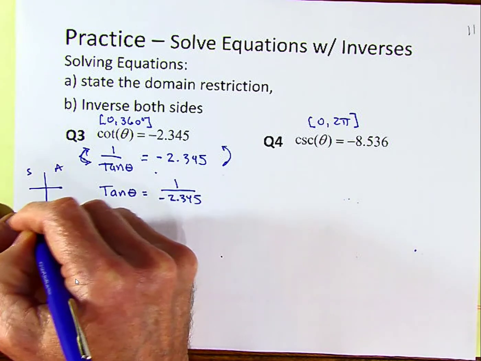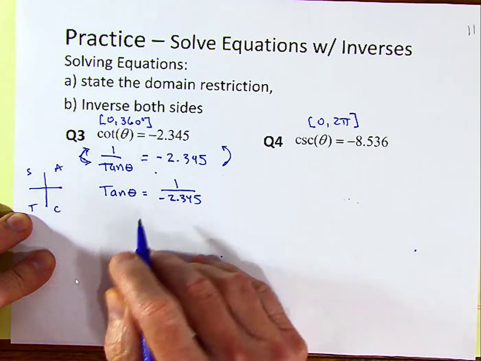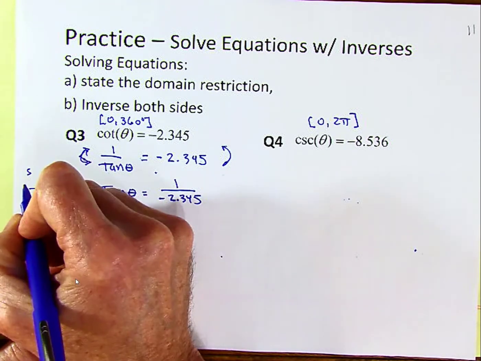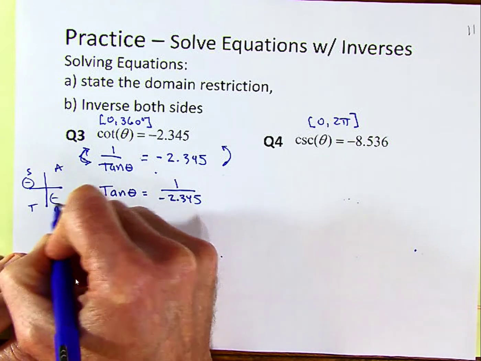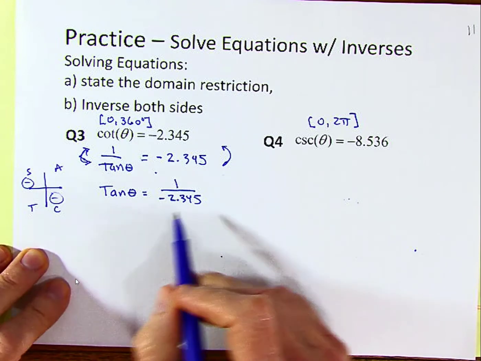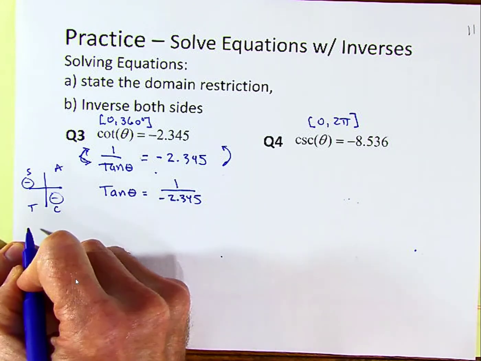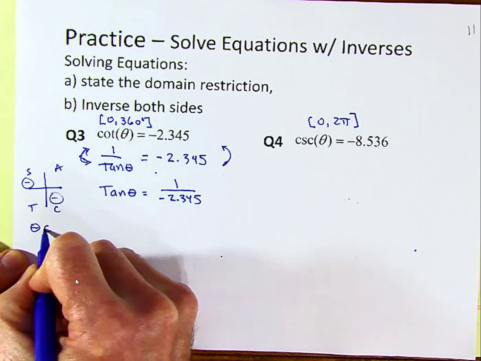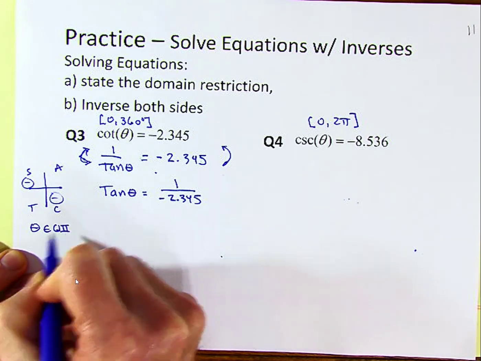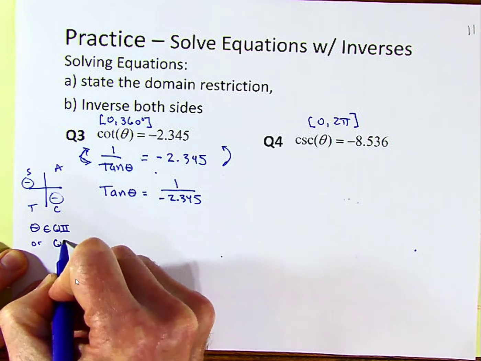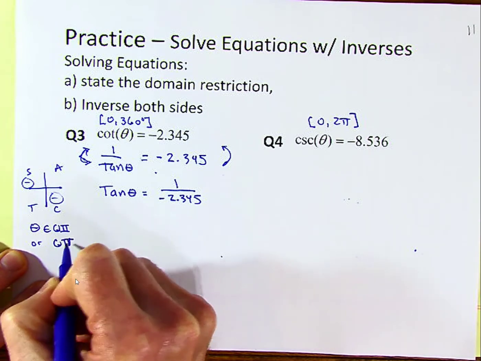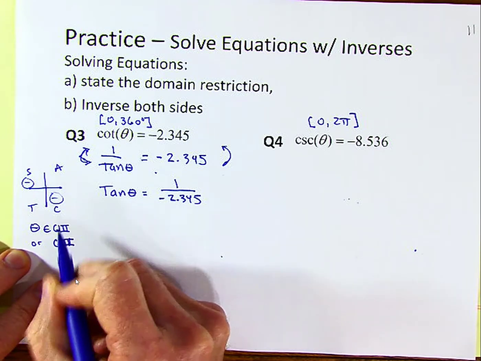A smart trig class. Tangent is negative here and here. So this equation, whatever it is going to answer in quadrant 2 or quadrant 4. I need these two quadrants.